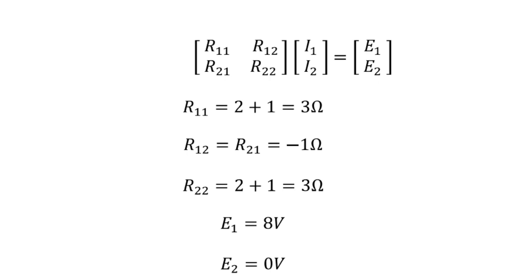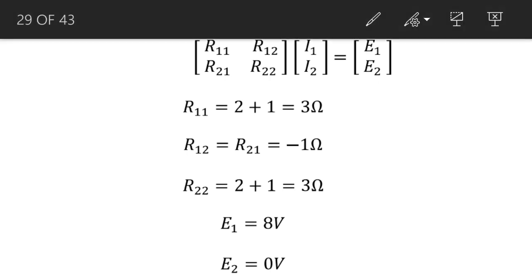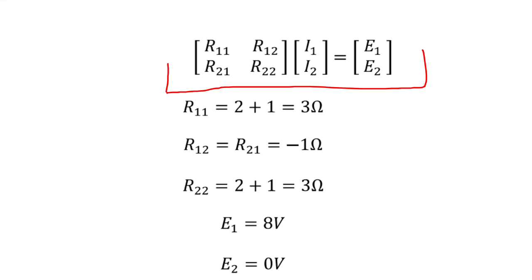These are the standard loop equations in matrices format for the given circuit diagram. The size of the R matrix is 2 by 2. Why? Because there are two loops in this particular circuit.